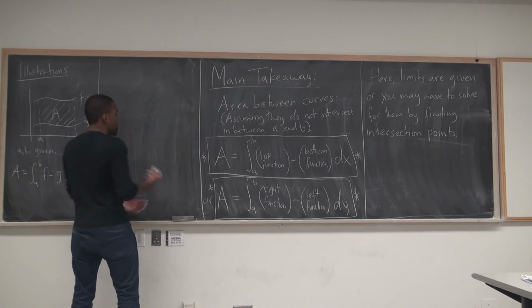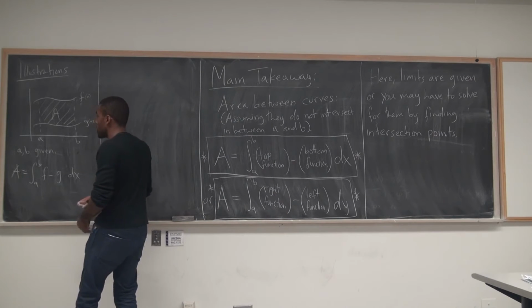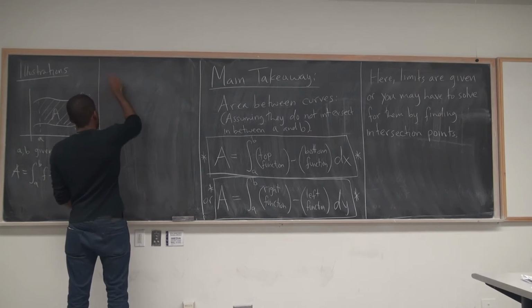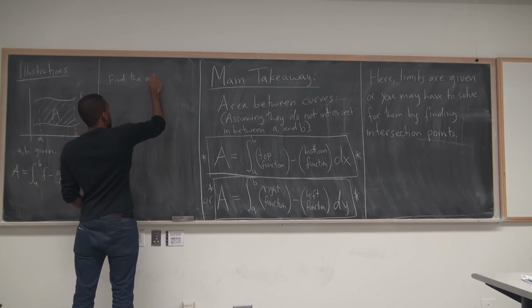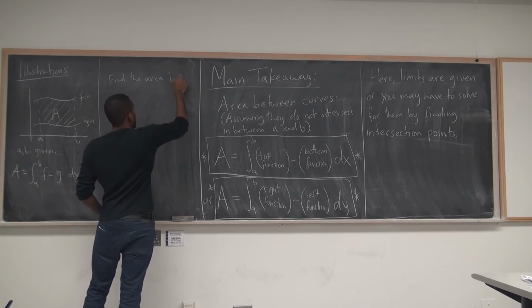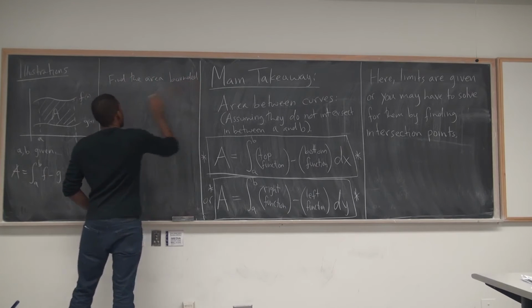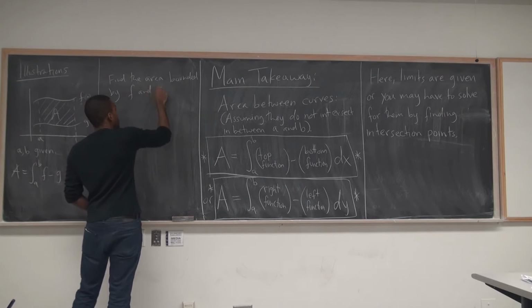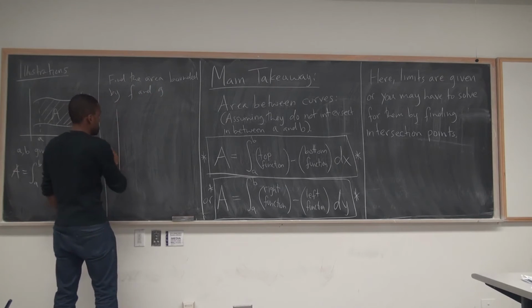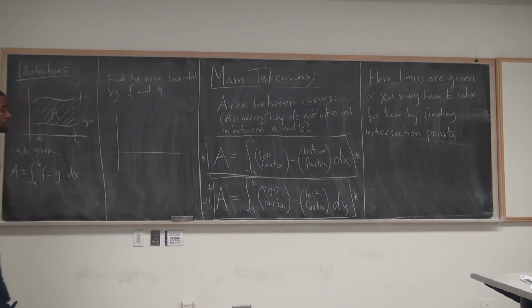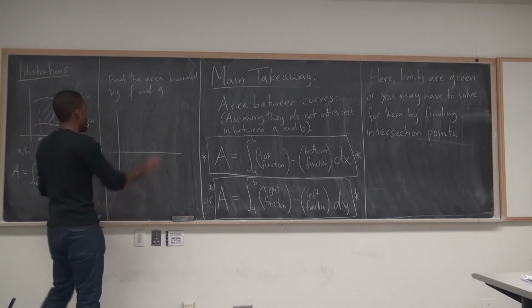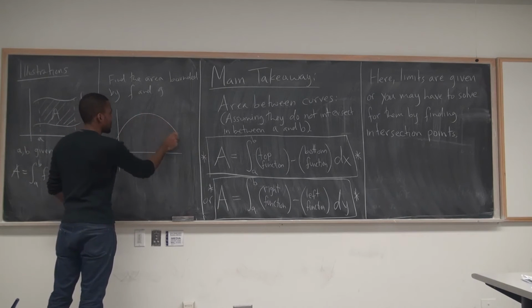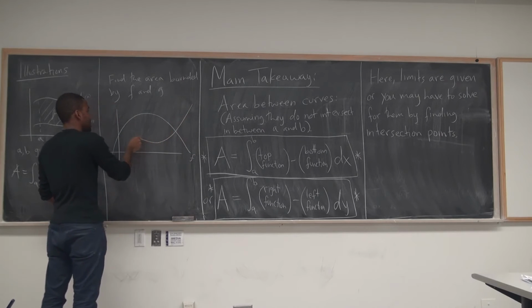Now, there are cases where I might not tell you the limits. What would that look like? So I might say something like find the area bounded by f and g, right? So these are two functions. Now, I never mention any limits here, but let's say I know that f looks like this. That's my f, and my g looks like that.